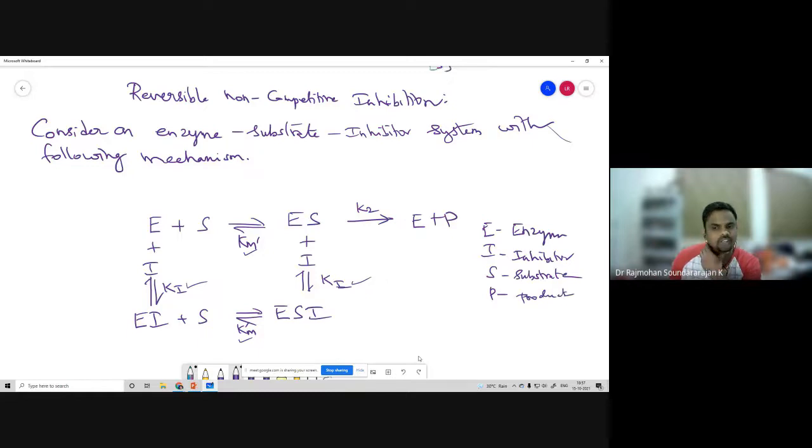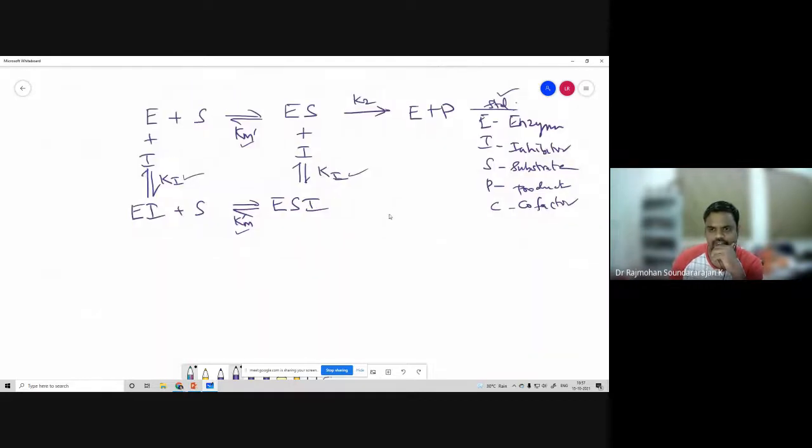In the earlier problem we have seen that if a cofactor is there, we write it as C. These are the standard notations we will be following, and this is the representation.